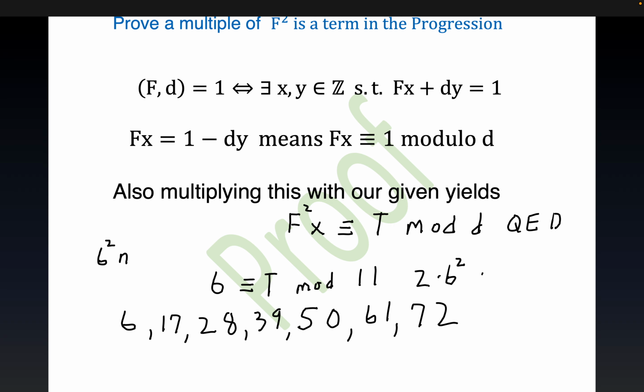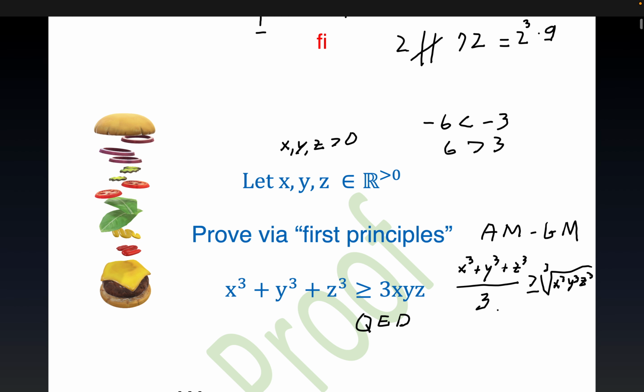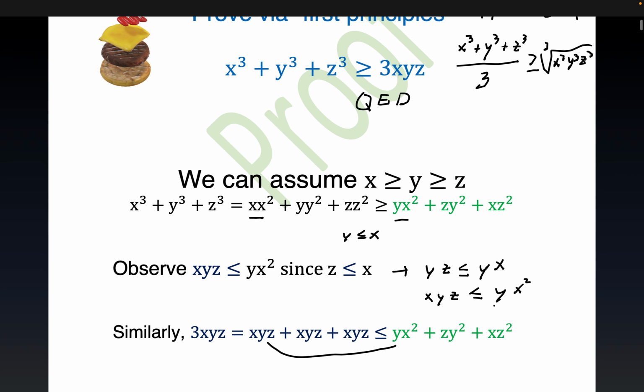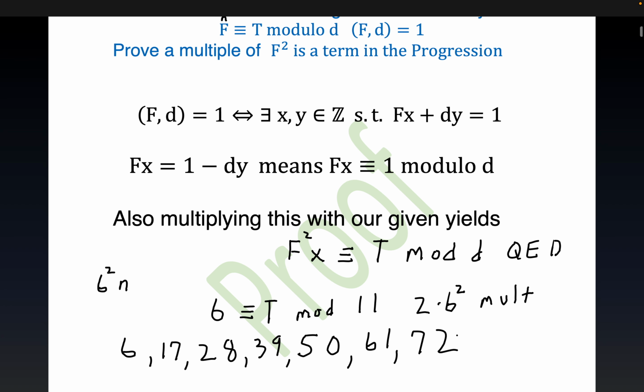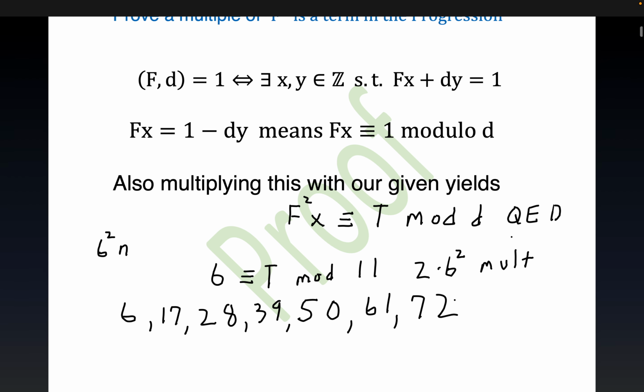So it's a multiple of the first term squared, I'll just write ft squared, right?